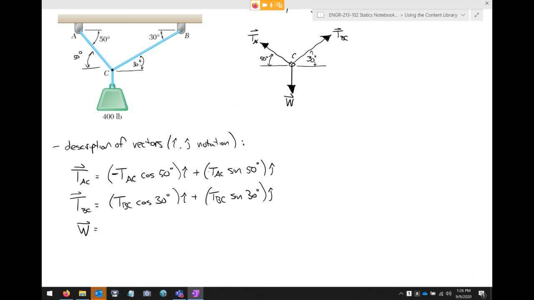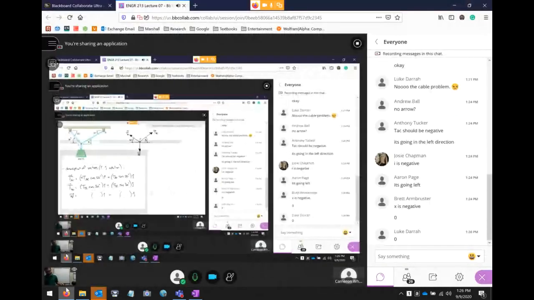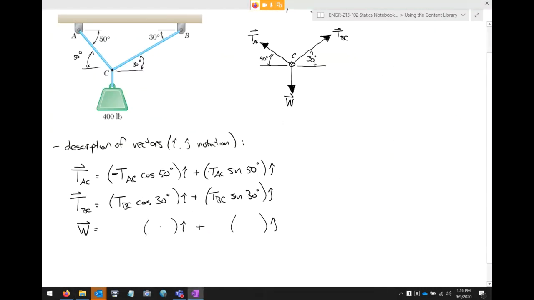All right. Now, here's my vector. I've got a component times I, and then a component times J. What's the component times I? Just want to make sure everybody's paying attention. What do I put in here? Exactly right, 0. There is nothing here. Now, what about J?